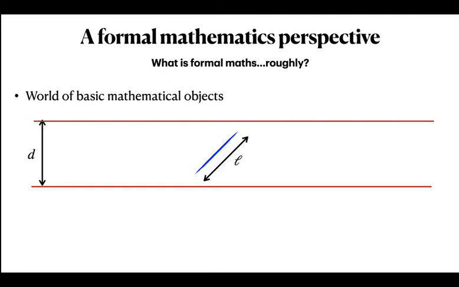So in this particular instance, the part of the mathematical objects that we want to look at is basically here I've drawn 2 lines. Obviously here I need to draw at least 2 lines to show the spacing d between the lines, and in blue I've got something representing a needle.